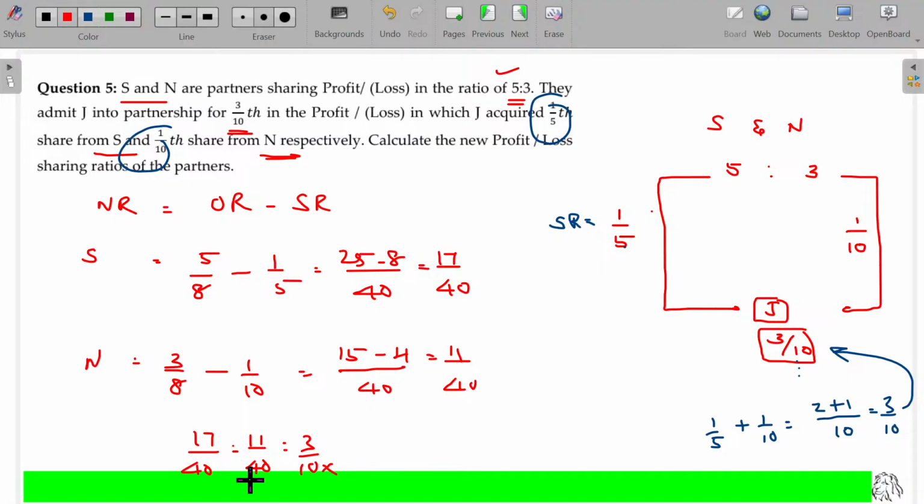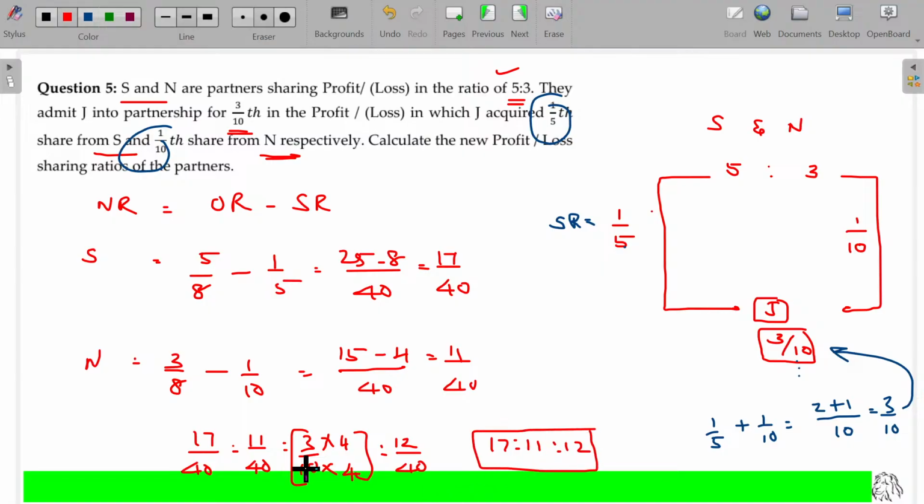To make the denominator equal to 40, I have to multiply with 4 in the numerator and denominator, then the ultimate value being 12/40. So now the denominator is same, and cross verify the summation of the numerator should be equal to the denominator. 17 plus 11 plus 12 is equal to the denominator value of 40. So then the value being 17:11:12.